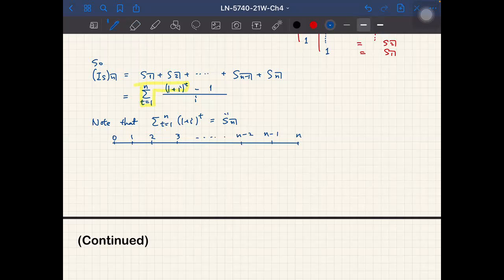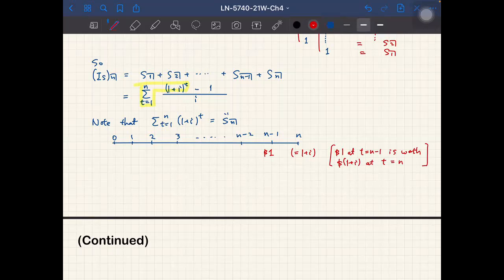Then actually, $1 at time n minus 1 is worth 1 plus i dollars at time n.